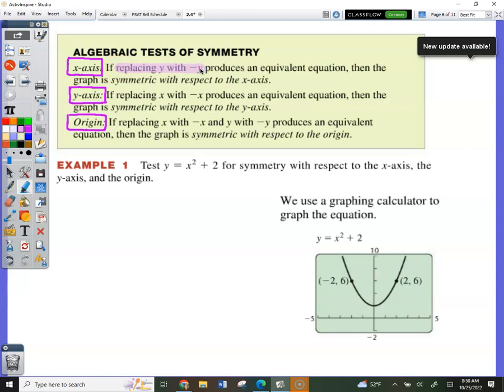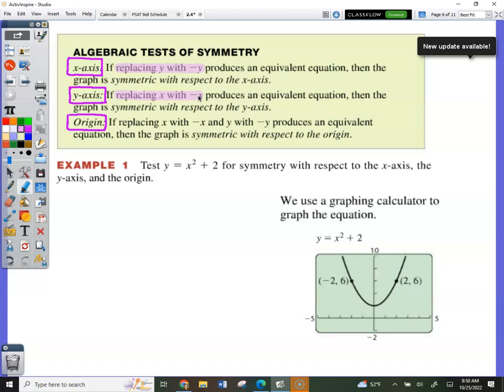To test algebraically if it's symmetrical over the y-axis, so that's right and left, correct? Which means what's changing? X is changing. You simply plug negative x in, and you look and see if it's the same equation as what you started with.